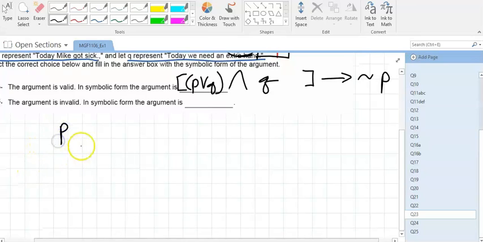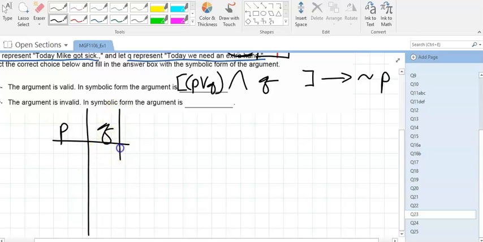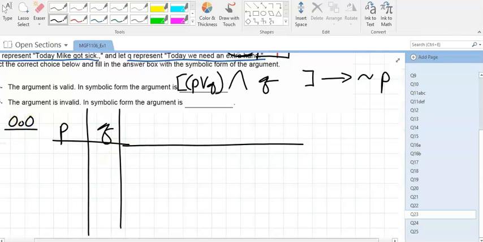So we got P, we got Q, and we're going to work from there. Again, we've got my order of operations. You start with parentheses. That also includes brackets. Brackets are the same thing as parentheses. You move to negations.